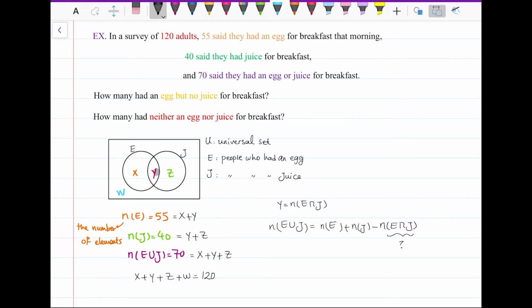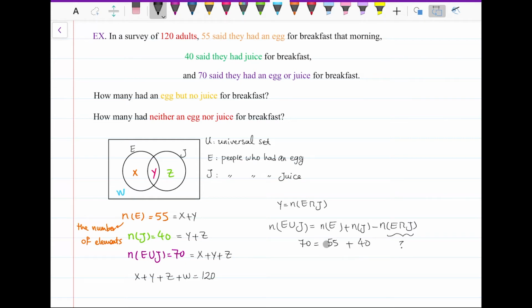So this is something that I want to know. N of E is 55, N of J is 40, and N of E union J is 70.